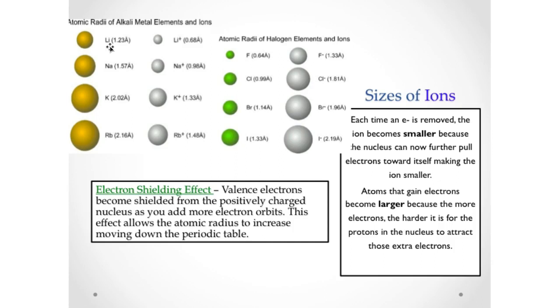So because we remove an electron, the nucleus is able to pull in those outer electrons a little bit more tightly, and that causes the atom to shrink dramatically. The same happens here. Because here there are more electrons, we are adding more to the electron shielding effect, and that causes the atoms to get larger. So the attractive force, ZEF, actually decreases in this situation.